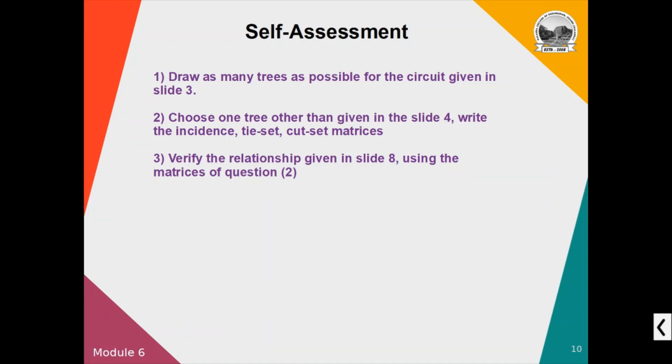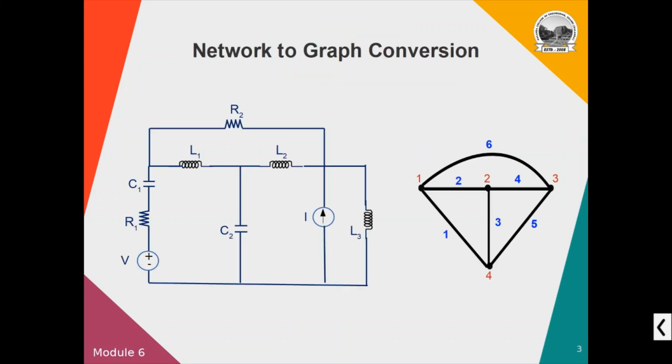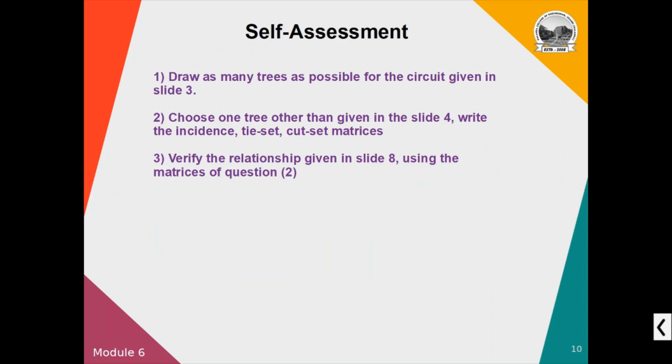So these are the self-assessment questions. You have to identify the possible number of trees for the given circuit. For this circuit, you have to find the possible number of trees, and you have to take one tree.